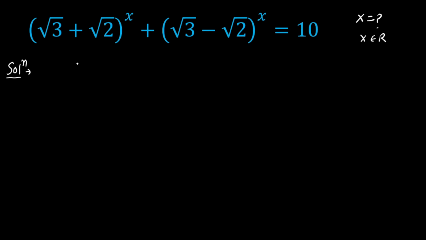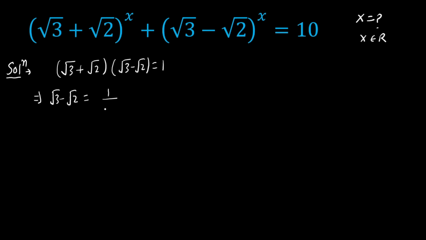Here notice that (√3 + √2) multiplied by (√3 − √2) is equal to 1. This implies √3 − √2 = 1 over (√3 + √2).